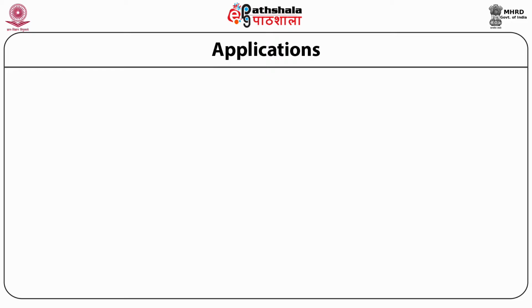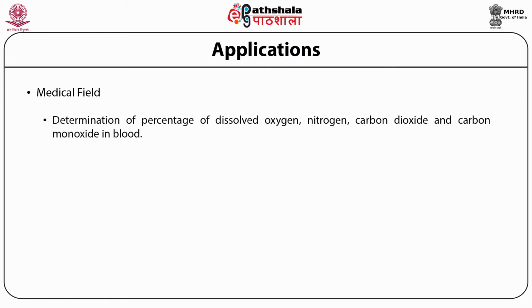Gas chromatography has been used to perform many routine analyses in the medical field also, like the use of 0.1 cubic centimeter of blood to determine the percentage of dissolved oxygen, nitrogen, carbon dioxide and carbon monoxide in the blood. Another major application of gas chromatography is in chemical ecology research, that is, to study pheromones.